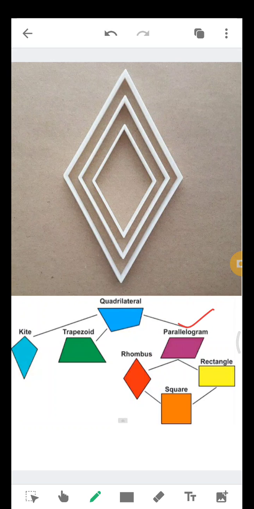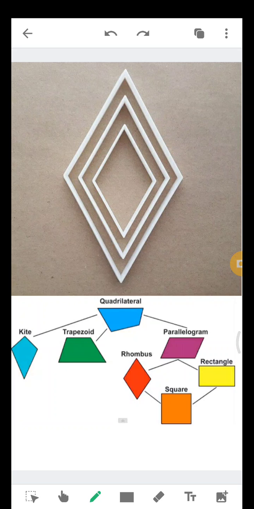Parallelogram, then in parallelogram comes rhombus, rectangle, square, and here comes trapezoid, which comes in a different family of quadrilateral, and kite is also a family member. We are not going to discuss the properties of kite because this is not required in our chapter. We will study the properties of all the other quadrilaterals.